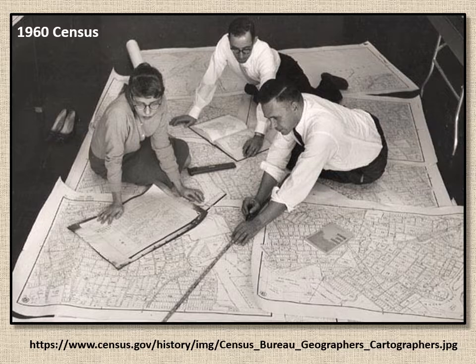So I looked for a comparable photograph for the 1950 census, but did not find one. So we used 1960. So here are the cartographers. The Census Bureau did not go out and make their own maps. They found maps from a variety of sources, and then they drew on the map the enumeration district boundaries.